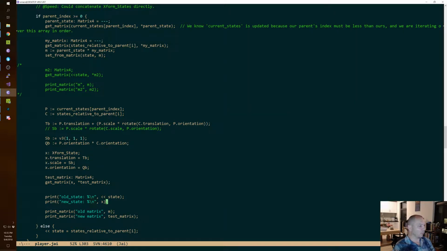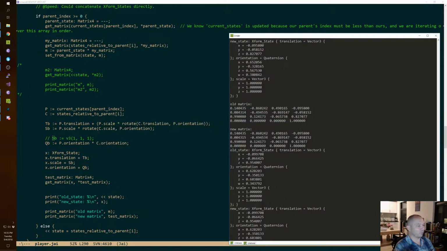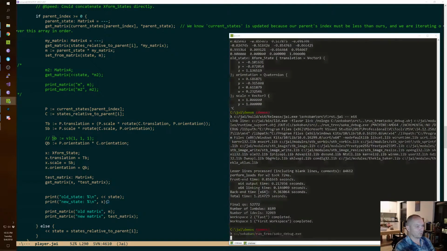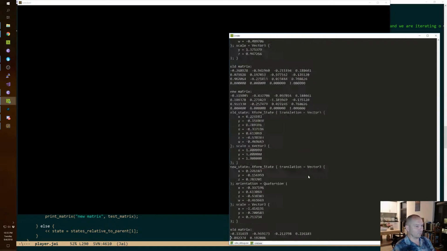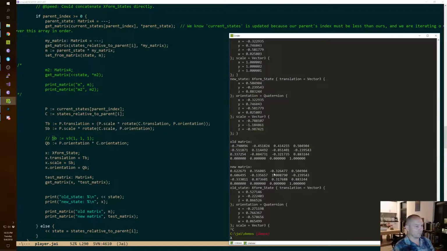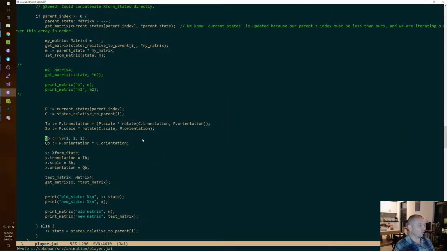Okay. How different do they look if we don't cheat the scale? Probably pretty different. Yeah. So we're going to cheat the scale, and we'll fix that in a minute.